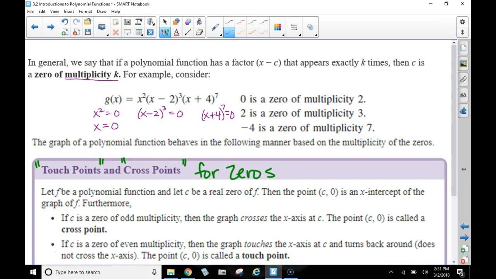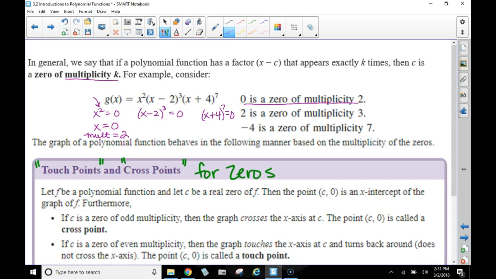But that happened 2 times, so we say that the multiplicity is 2. So we have a 0 of 0 with a multiplicity of 2. That's what that's saying right here.